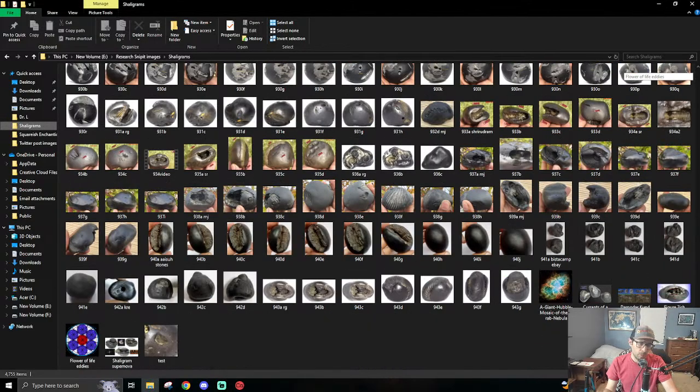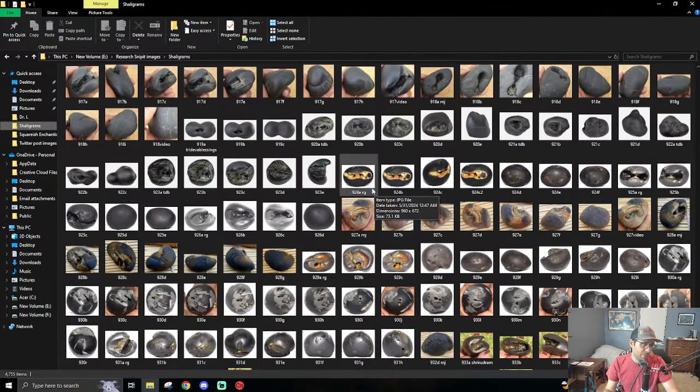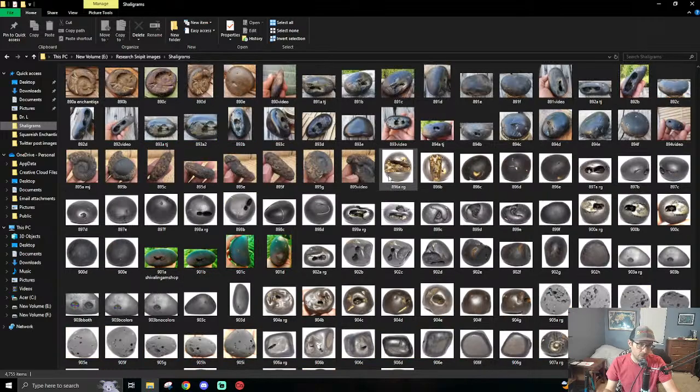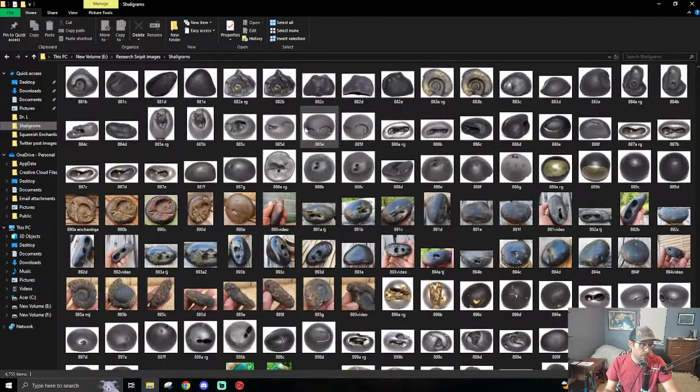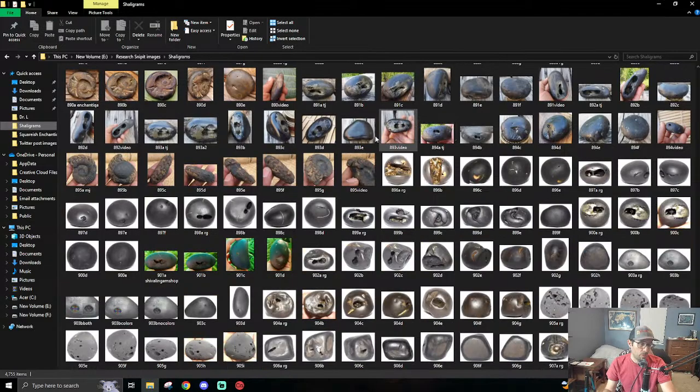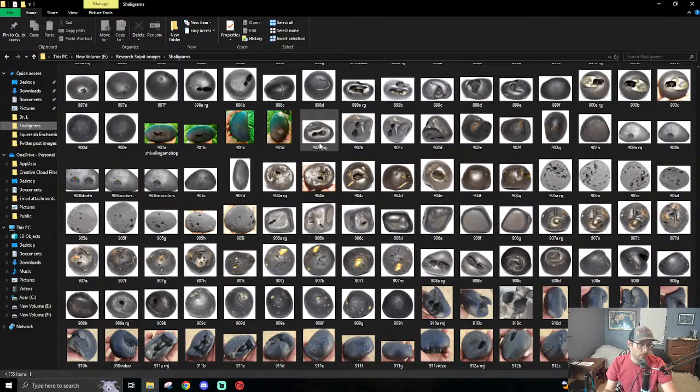I don't know where we were on the Shaligrams. I was thinking, instead of going through these like I have in the past, I would maybe skip through like this and just look at them and try to remember the ones that really stuck out the most.